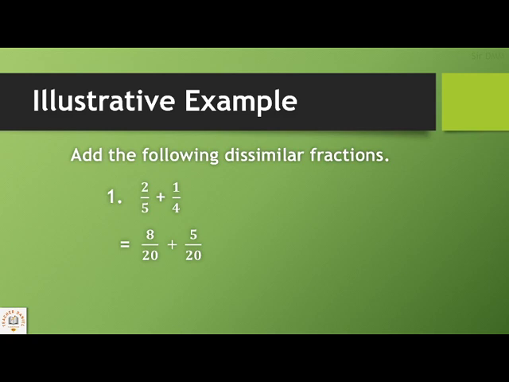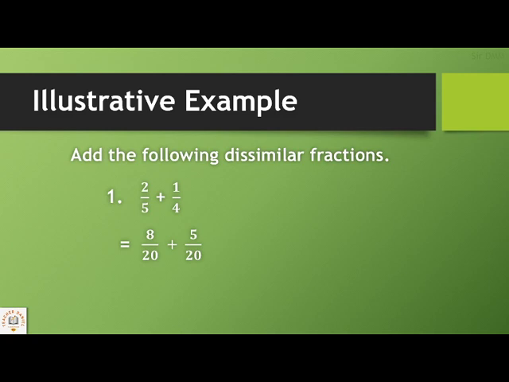For the second fraction, we have 20 divided by 4, which is the second denominator, that is equal to 5. Times the second numerator, which is 1, the answer is 5. So as you can see, we are adding now similar fractions.